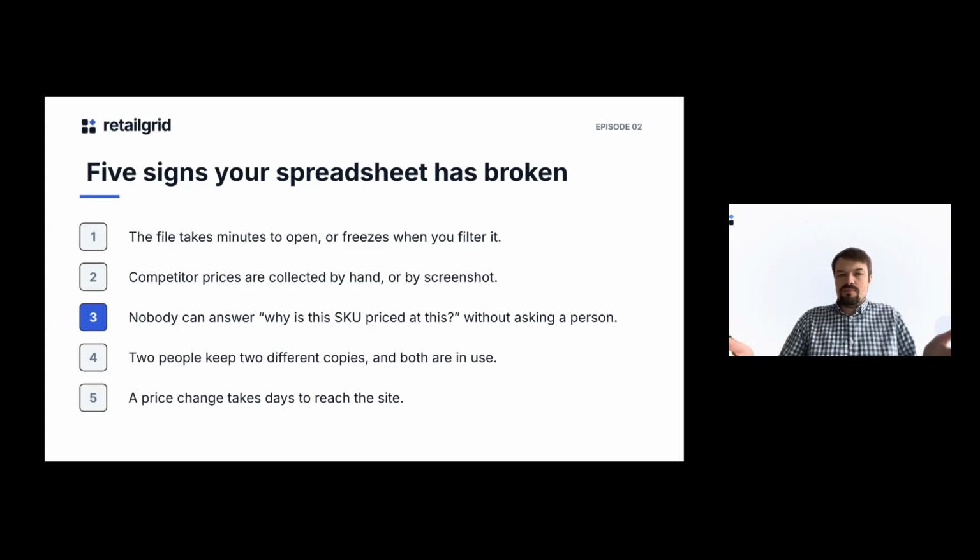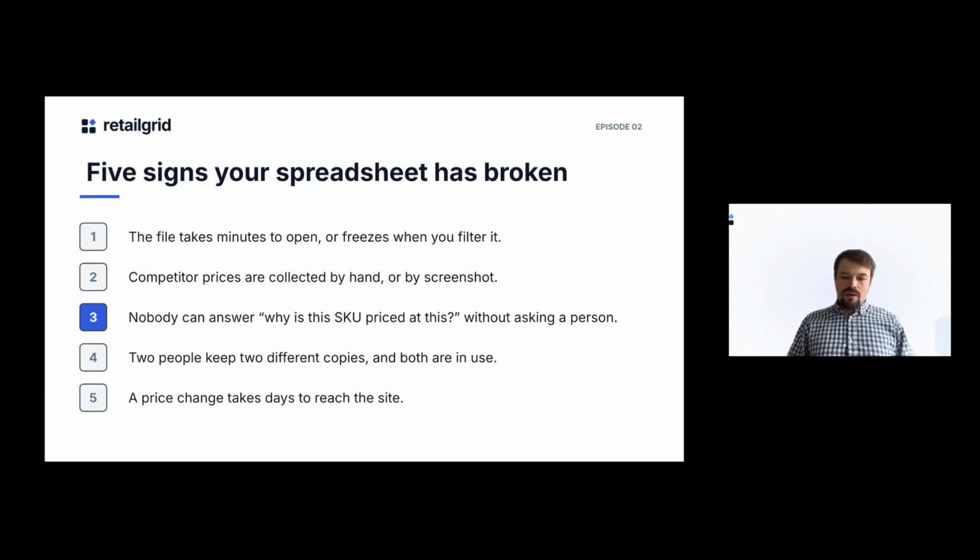They can technically be done on paper, right? But once the business is growing, it's getting more complex. The assortment is getting bigger, more products, more sales channels, more stores. The organization is getting more complex, so the process is also getting complex. And one day you realize that the spreadsheet is not enough.